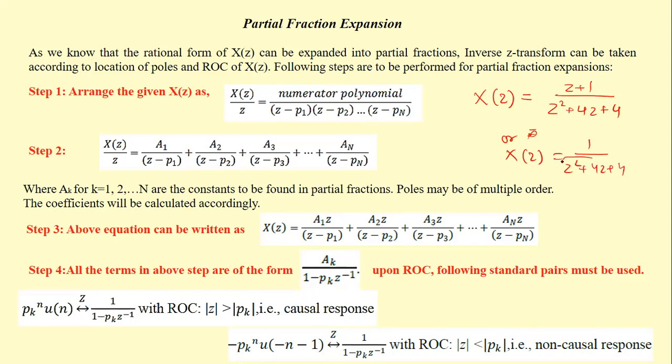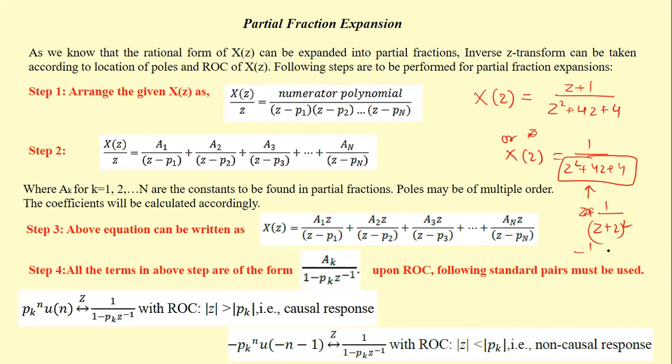So in this case, we use the partial fraction method. Basically, we factorize the denominator part of the given z transform. For example, in this one, we will have 1 upon z plus 2 square, right?